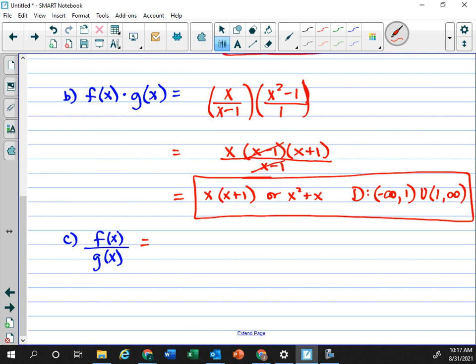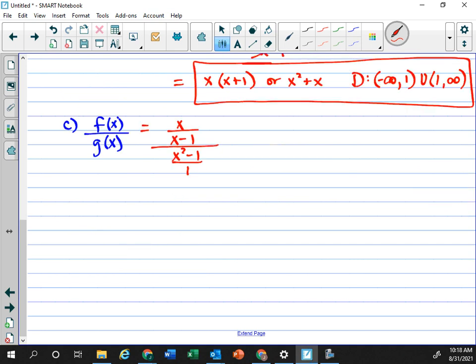All right, guys, so I'm going to write x over x minus 1 over x squared minus 1. And again, I'm going to put that over 1 just to keep the same number of fraction levels going. So how do I divide fractions?